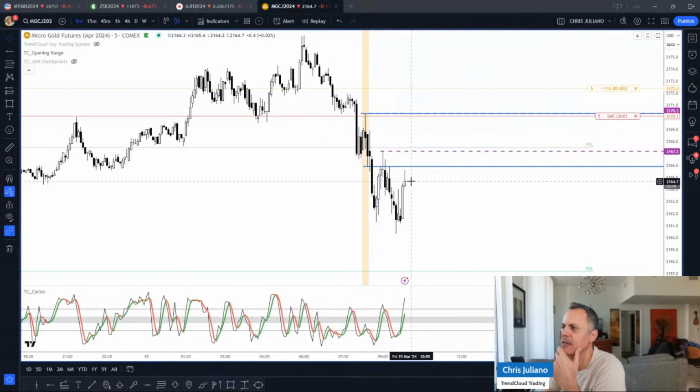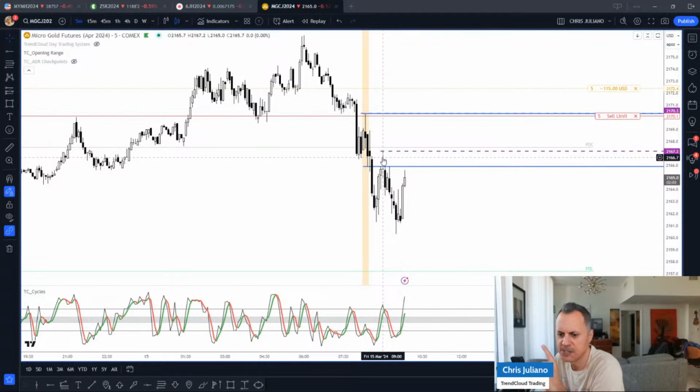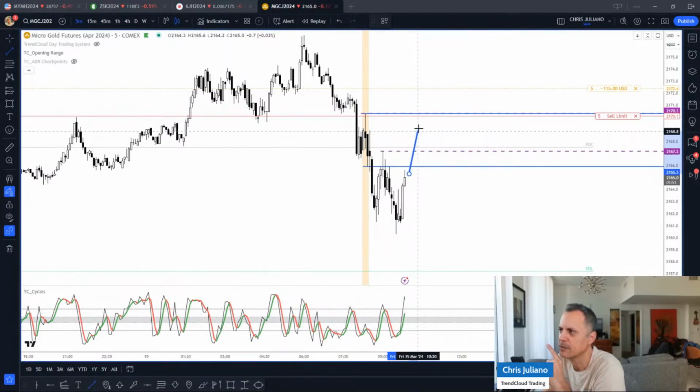And we don't really like that. Every time you break a piece of structure, it gives the price action a little more oomph. It breaks structure here, and then it breaks structure here. That's what tends to happen when you break structure. It gives it a little bit of a pop.